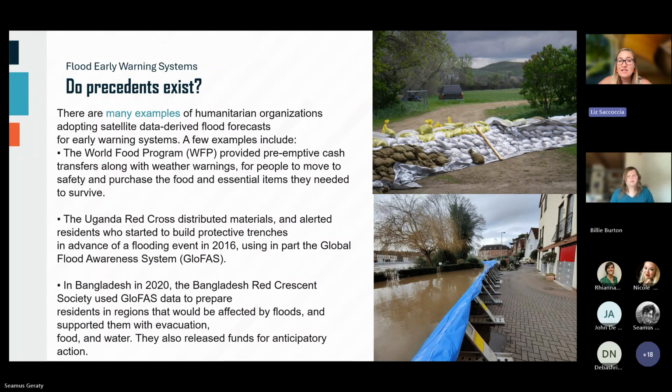In addition, we saw that the Uganda Red Cross also was able to distribute material and alert residents ahead of the storm. And they were able to build things like protective trenches before a flooding event. And they were using a global flood system called GLOFAS that is referenced in the guide as well. And then in 2020, we saw that the Bangladesh Red Crescent Society also used GLOFAS to prepare residents in advance of the storm with food, water, medicine, and funds for this anticipatory action.